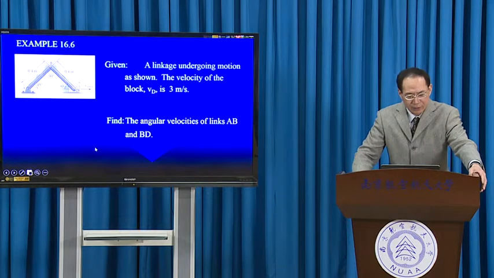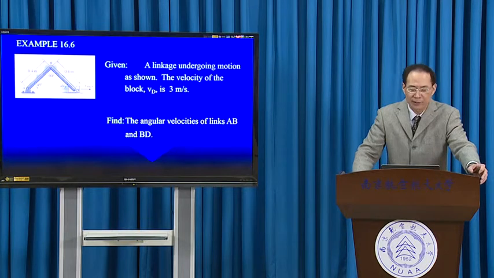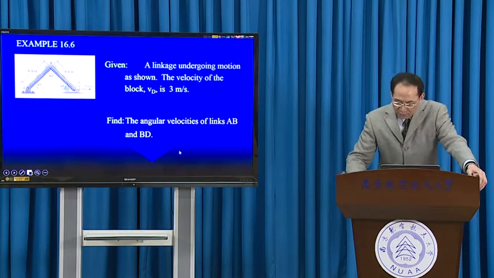In this way we can solve for omega BD. Then for crank AB, if we know the velocity of B, we can also use the formula for rotation about a fixed axis. We can solve for the omega of AB rotating about axis A, right?